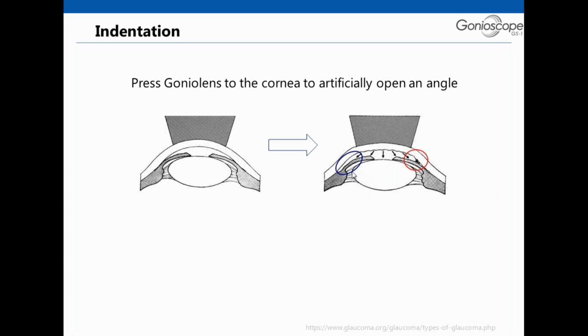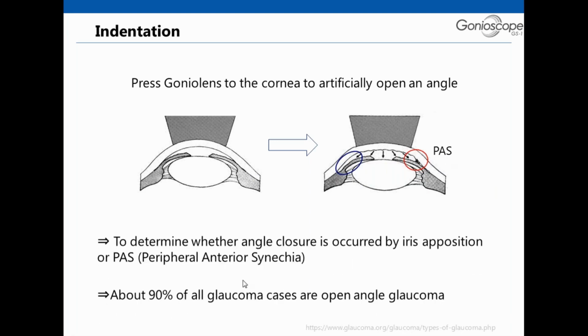However, after indentation, on the left side there is a space. On the right side, it is still closed, and this is called PAS, which stands for peripheral anterior synechia. Doctors do indentation to determine whether angle closure is caused by iris apposition or peripheral anterior synechia. And there's another piece of information about glaucoma: 90% of all glaucoma cases are open angle glaucoma.